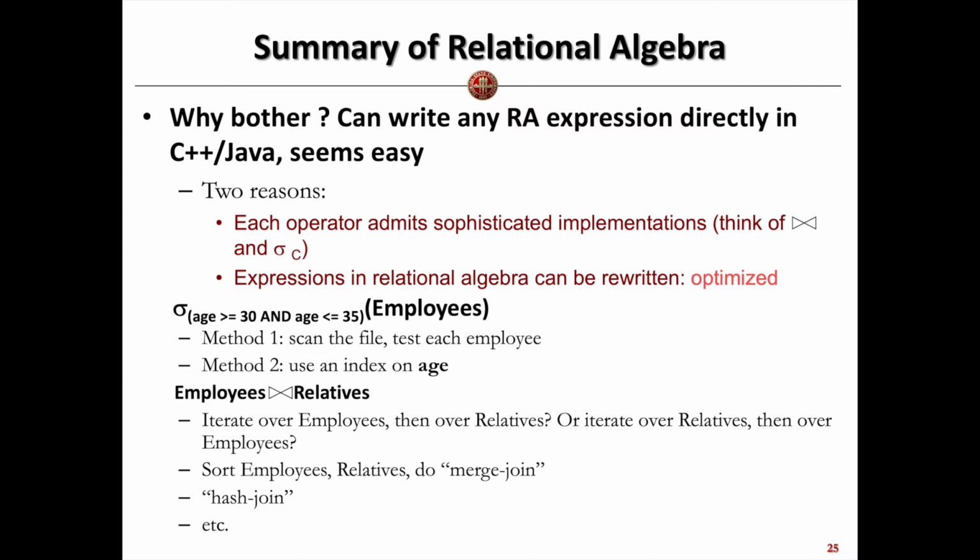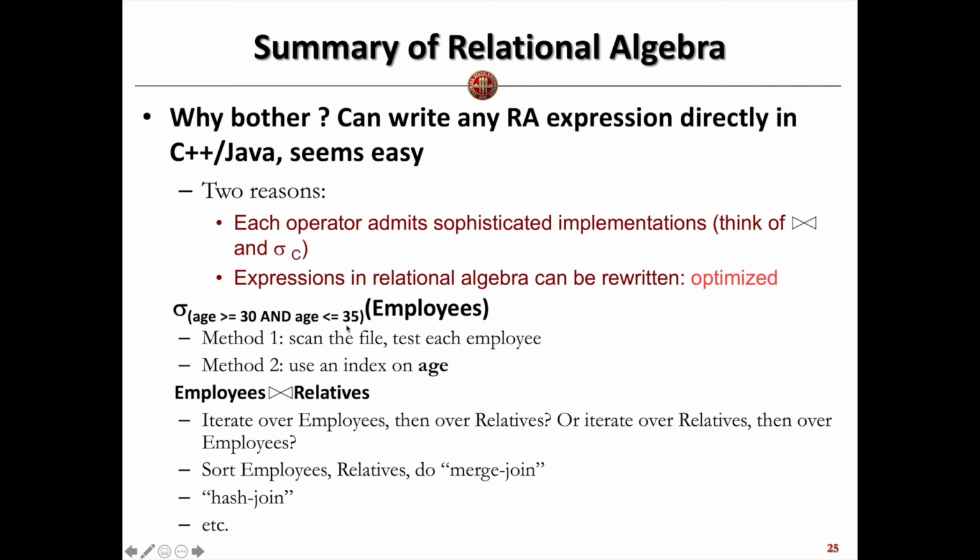And we also provide you with a concrete example to show you the challenges if we don't use the relational algebra in SQL, but only use C++ or Java, right? Let's assume we want to do the selection for all the employees whose age is between 30 and 35.